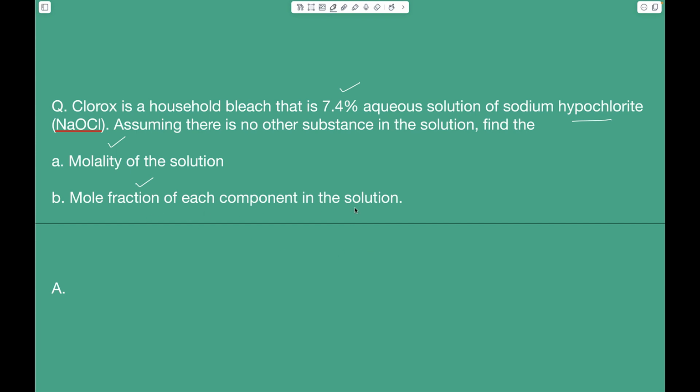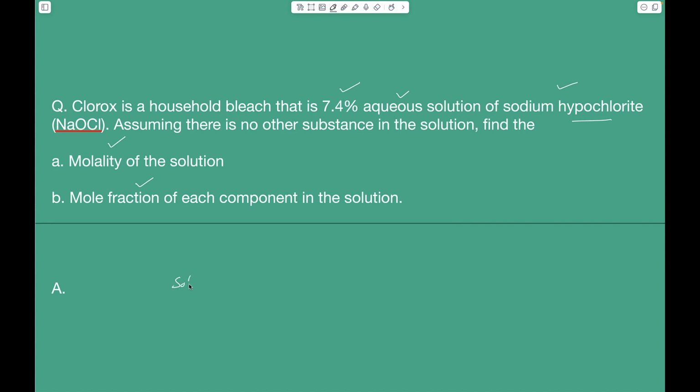By the way, what are the components present in this solution? Obviously, it is an aqueous solution of sodium hypochlorite. That is, it is sodium hypochlorite that is dispersed in water because it is an aqueous solution. So, the substance that is dispersed or dissolved is called the solute.